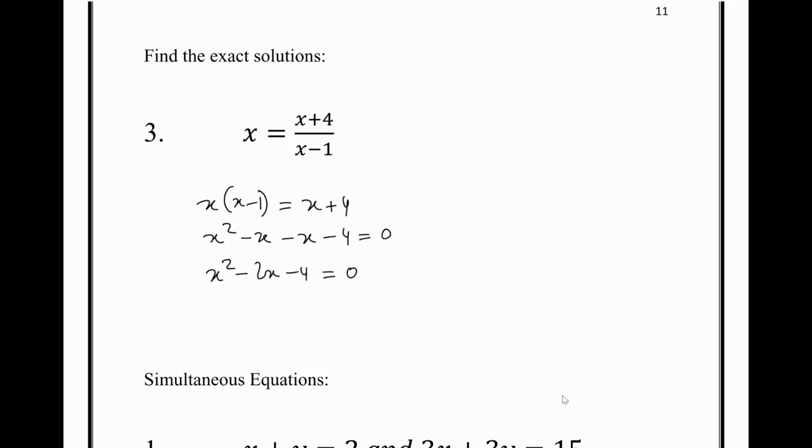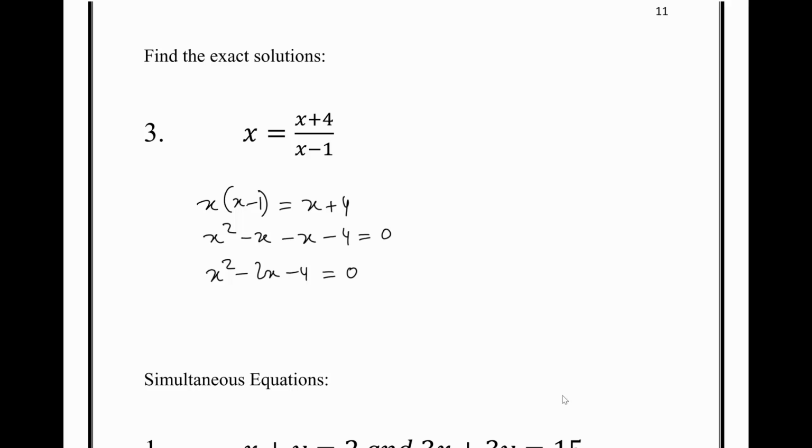If we look at the factors of the constant, there is no addition to get the coefficient of x, and as such we have to use a different method. So in this case, we will simply use the quadratic formula.